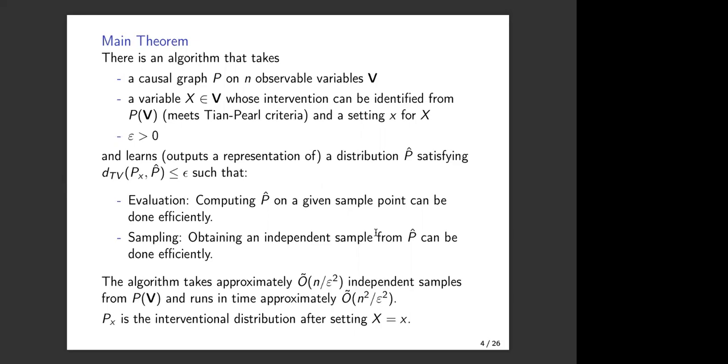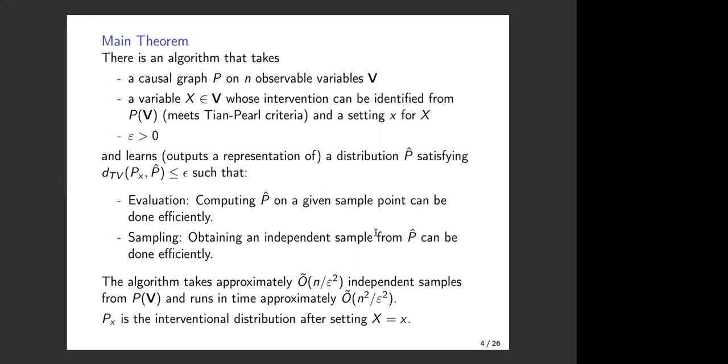If the algorithm takes such an input, it's going to output a distribution, or some representation of the distribution, p hat, and the guarantee is that the statistical distance between p hat and p sub x, which is the interventional distribution, is small. So we are giving an algorithm which learns a distribution which is close to the interventional distribution.